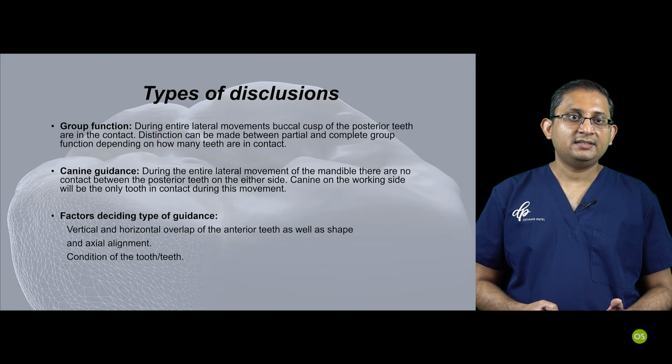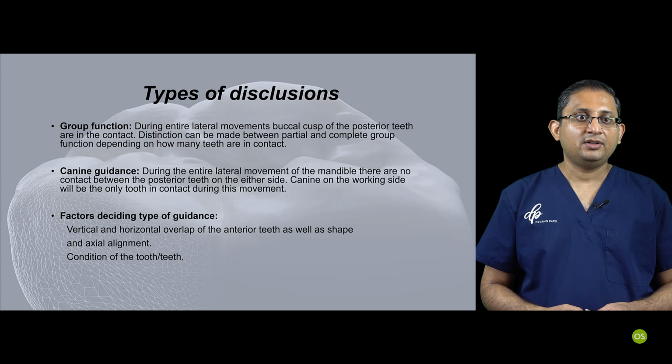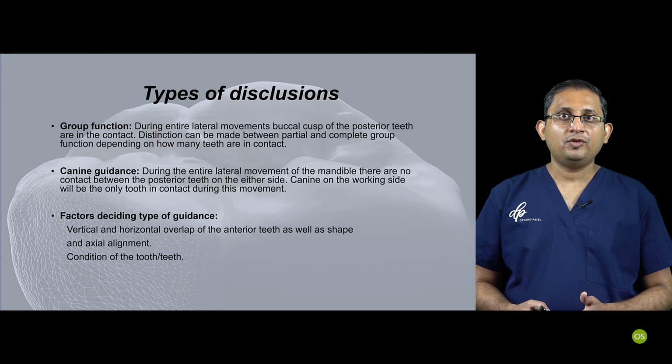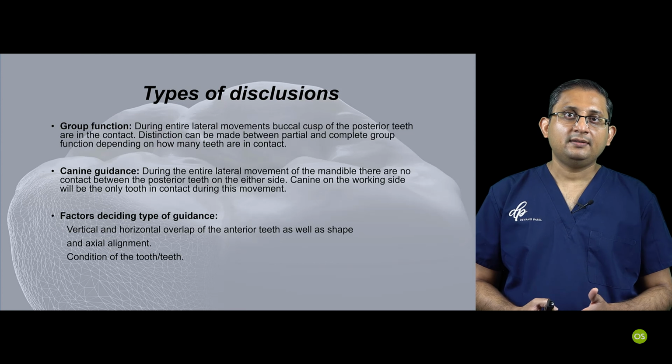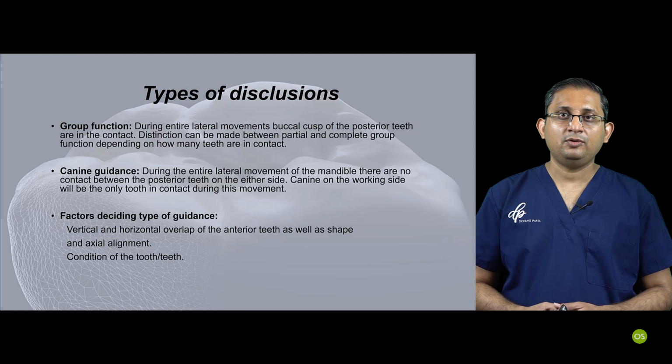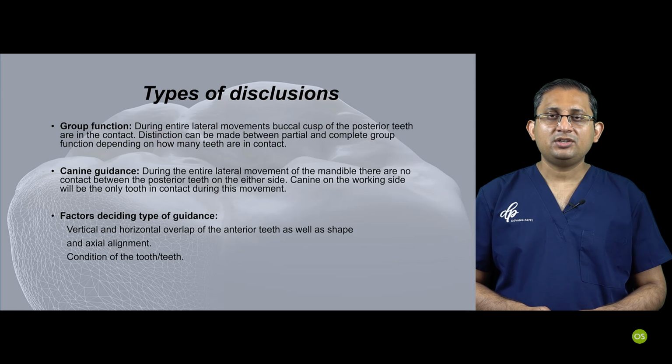Now, the factors deciding the type of guidance are the vertical and horizontal overlap of your anterior teeth. So if you have an open bite, then your canine is not in contact at all and it's miles away from the lower canine, then you will have to work with group function. And the condition of the tooth or teeth.